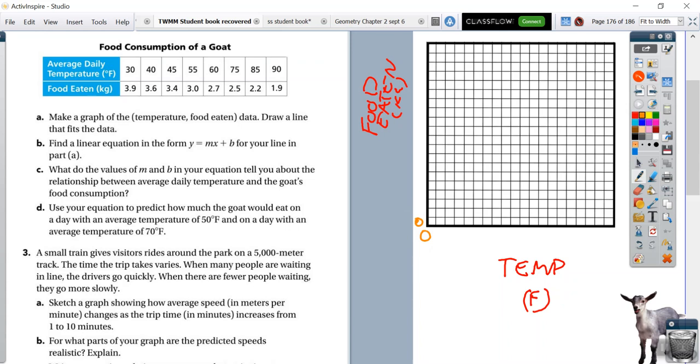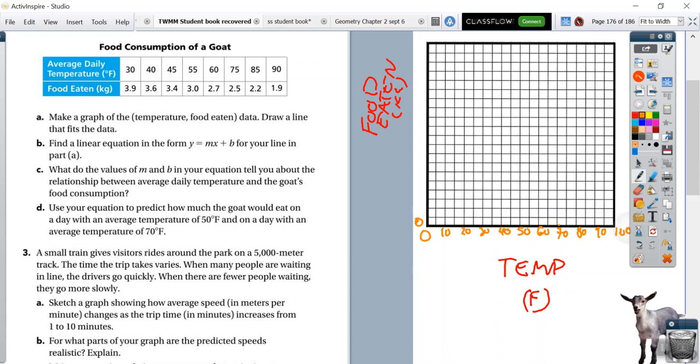So I'm going to skip. So 5, 10, 15, 20, 25, 30, 35, 40, 45, 50, 55, 60, 65, 70, 75, 80, 85, 90.